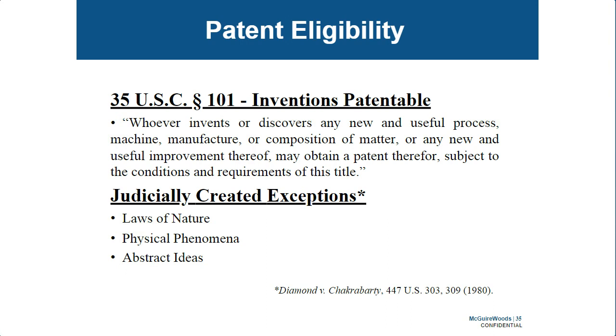There's basically 3 exceptions. Laws of nature, right? You can't patent something that's a law of nature. For example, gravity. Everybody knows what gravity is. You can't patent gravity. That's a law of nature. You can't patent a physical phenomenon. Sun rises in the east. That's a physical phenomenon. You can't patent that.